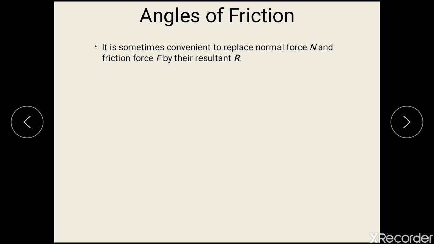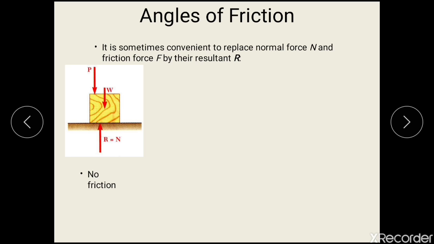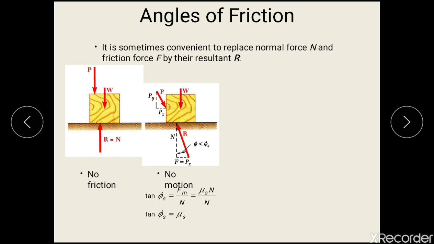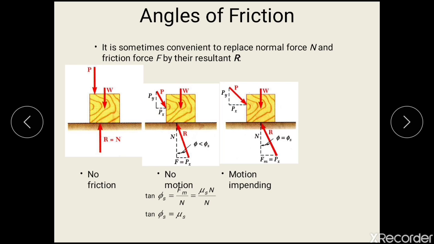Second, we are going to consider another important parameter, that is the angle of friction. As usual, we discuss the static condition, that means the equilibrium law of forces. When applied load is 0, there is no friction. Second condition, given phi less than phi s is considered as no motion.